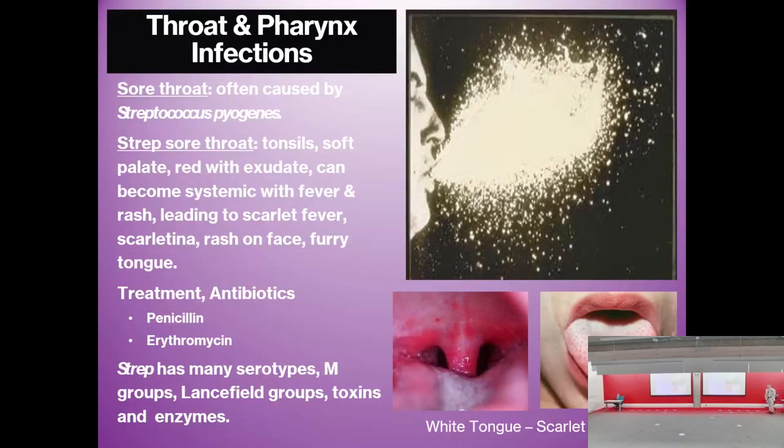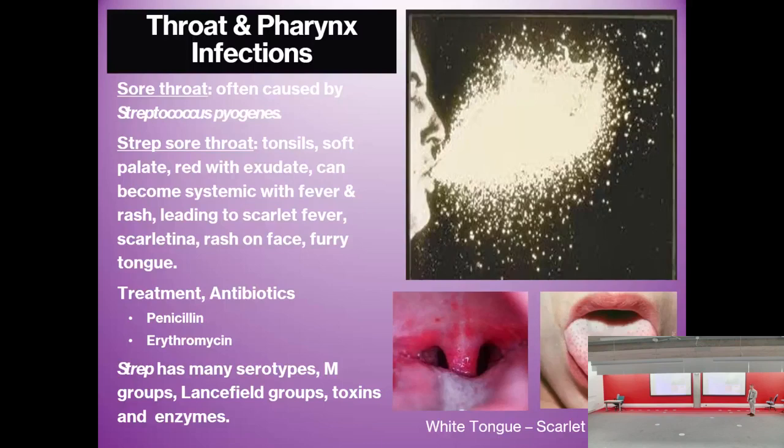So sore throats are very often caused by Streptococcus pyogenes. You can get something called strep throat, which can develop into scarlet fever if it gets bad enough, and that's whereby you get red rashes all over your body, around your face, around your neck.